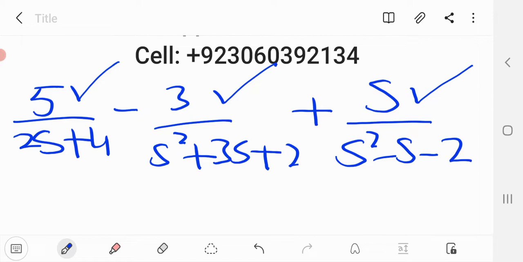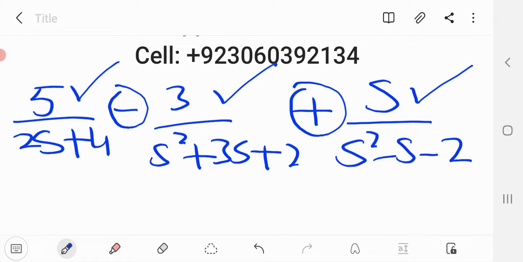So according to the rule of mathematics, whenever there is plus or minus between two algebraic fractions, the procedure we adopt is LCM. First of all, we will find the LCM of all the denominators of every algebraic fraction.